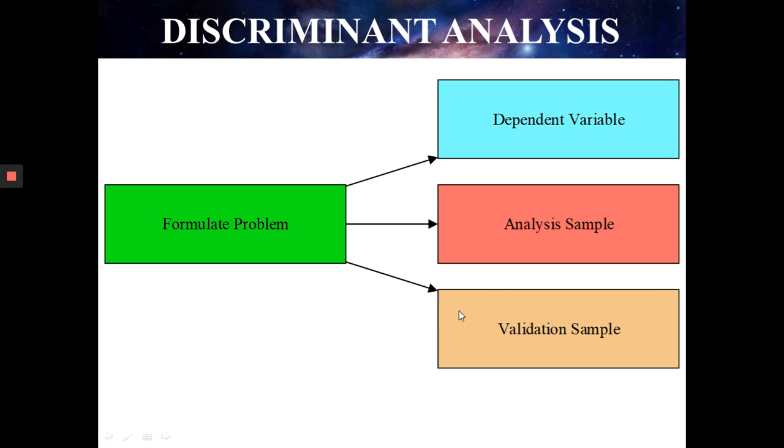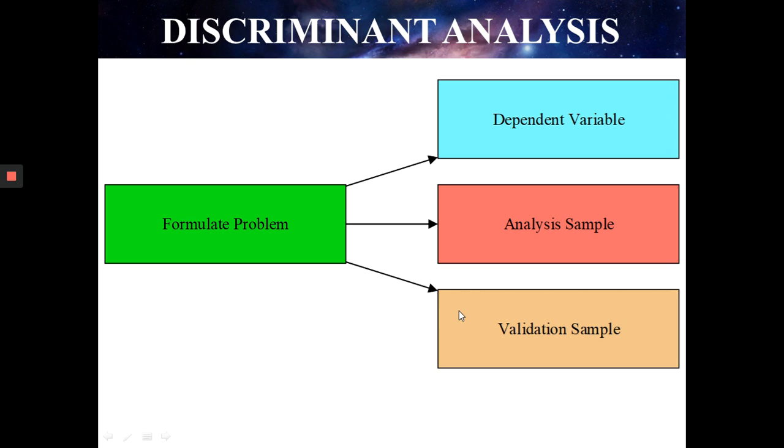Often, the distribution of the number of cases in the analysis and validation samples follows the distribution in the total sample. For instance, if the total sample contains 50% loyal and 50% non-loyal consumers, then the analysis and validation samples would also contain 50% loyal and 50% non-loyal consumers.